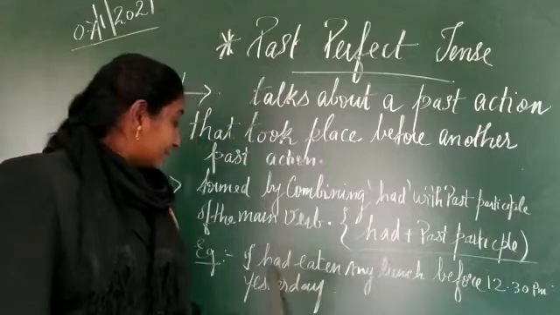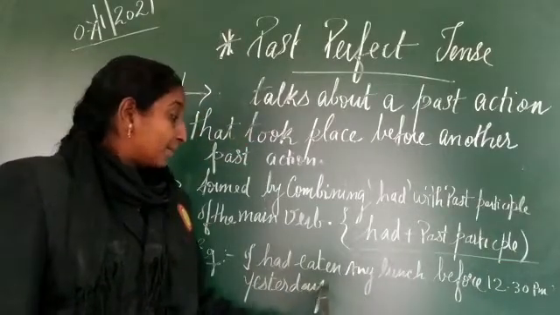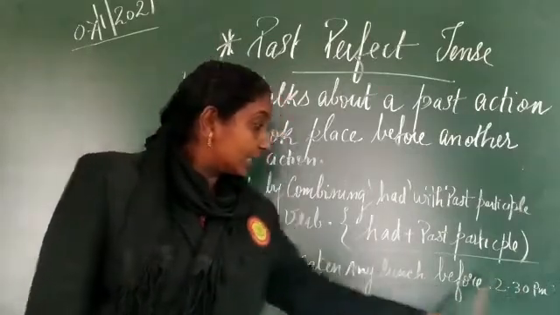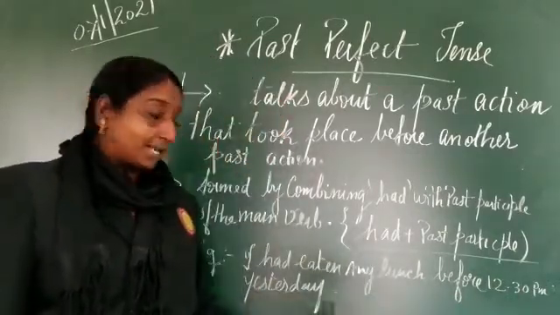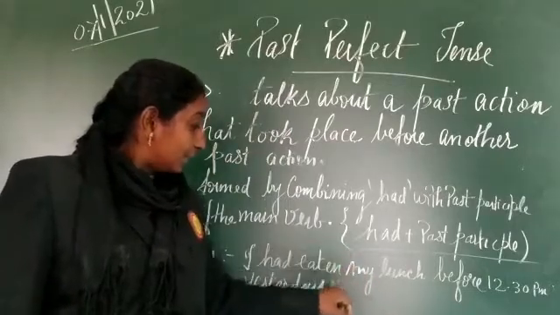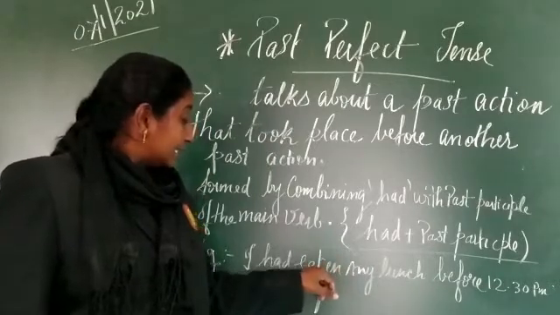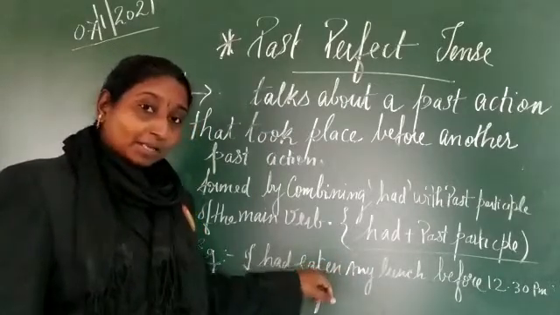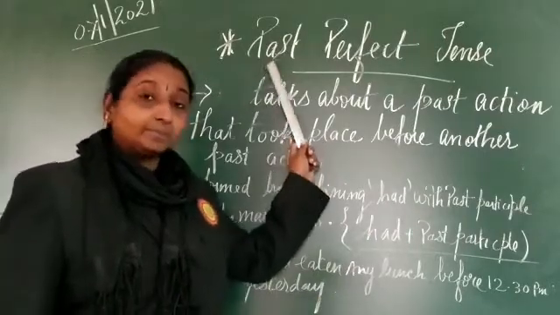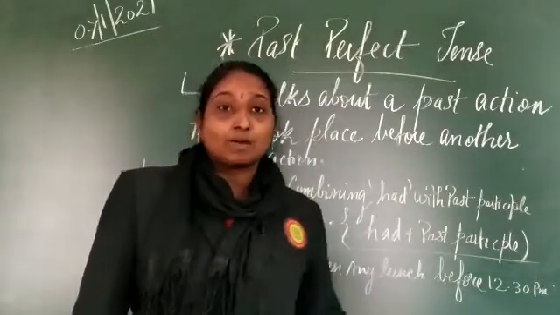One example is written here: I had eaten my lunch before 12:30 p.m. yesterday. So the word had plus the past participle eaten reflects the past perfect tense. I hope students you have understood.